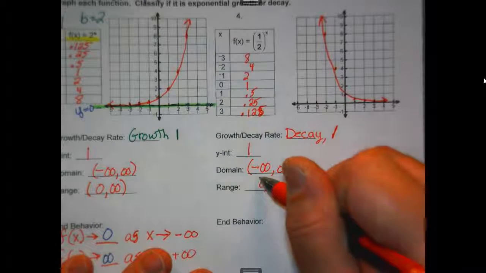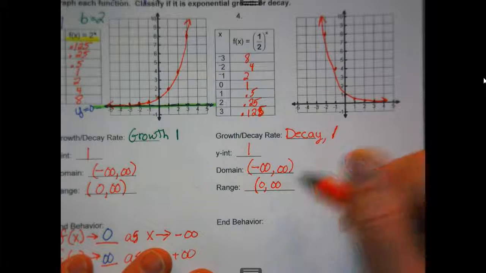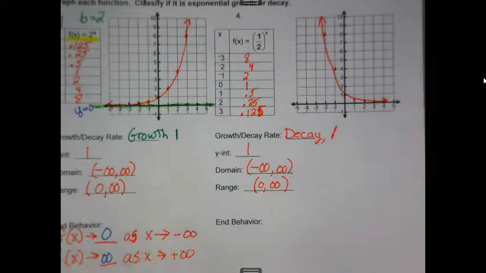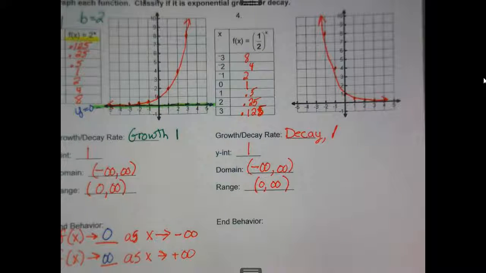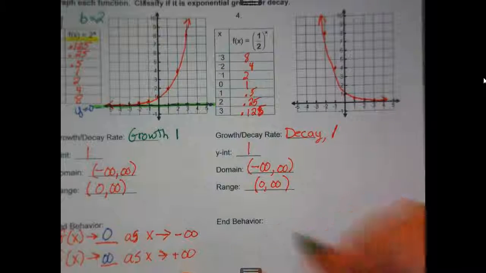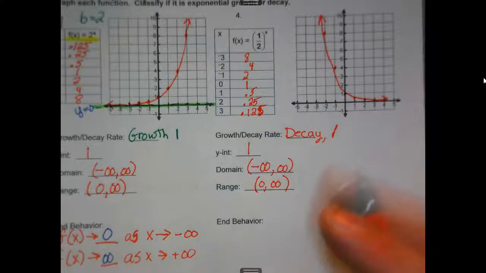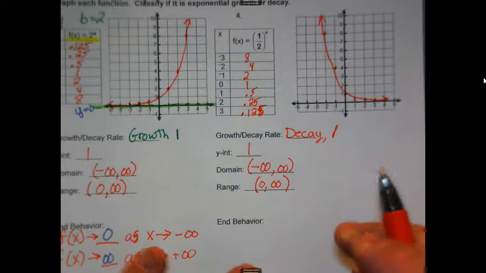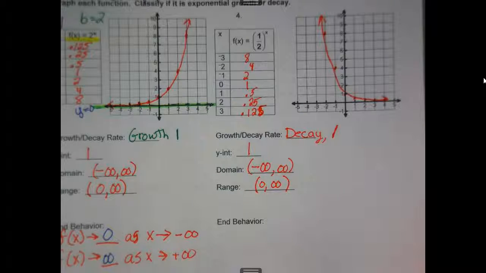Never touches 0, but it's close, so parenthesis, and then it goes up to positive infinity. Got it? You should put the small one first, because the next courses will mark off for that.